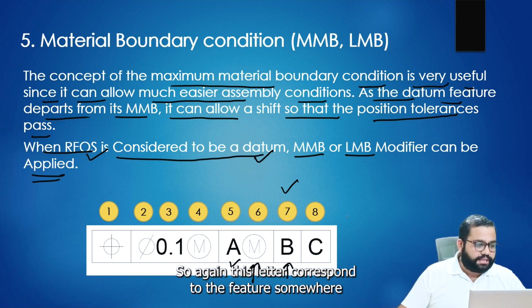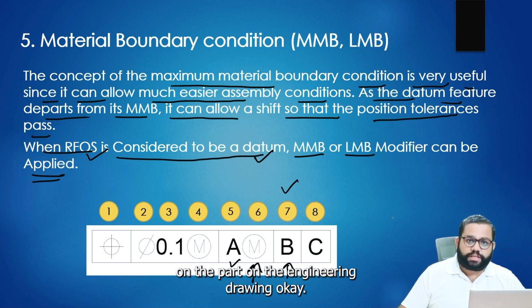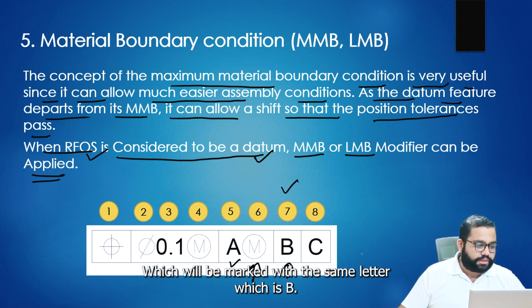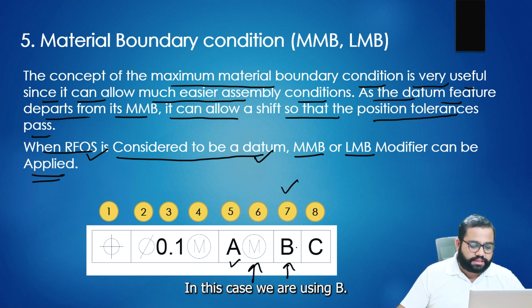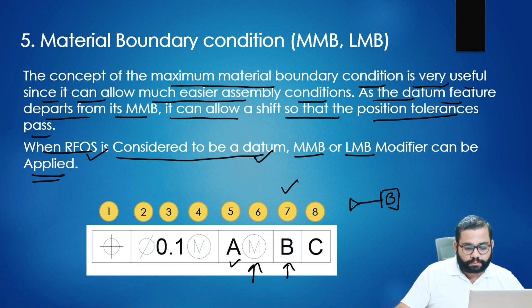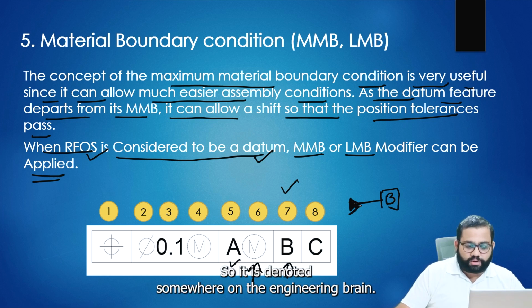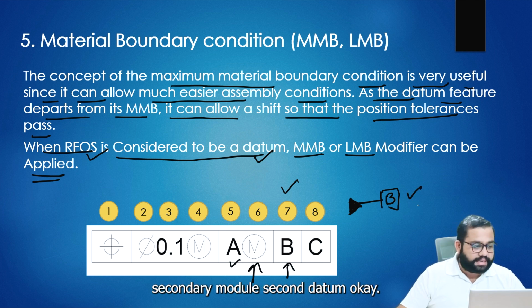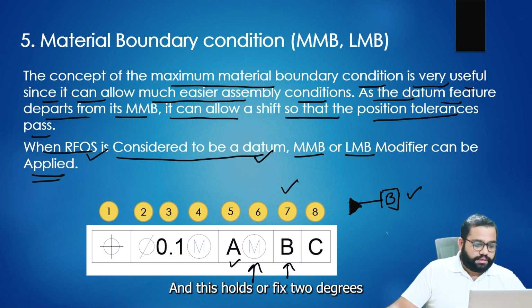Again, this letter corresponds to a feature somewhere on the part on the engineering drawing, which will be marked with the same letter, which in this case is B. So whenever a symbol like this is given, it is denoted somewhere on the engineering drawing. This letter denotes the secondary datum, and this holds or fixes 2 degrees of freedom.